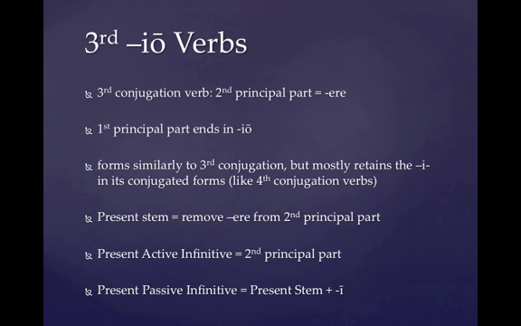The present active infinitive, like all verbs, is the second principal part. And it's going to form its present passive infinitive the same way all third conjugations do, which is that you take its present stem and you simply add a long I.